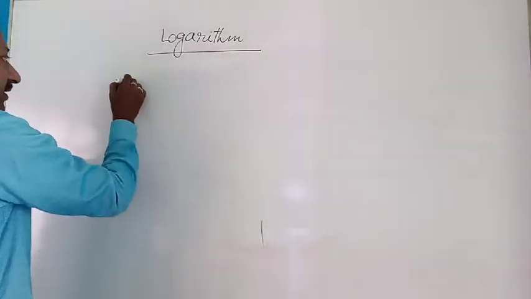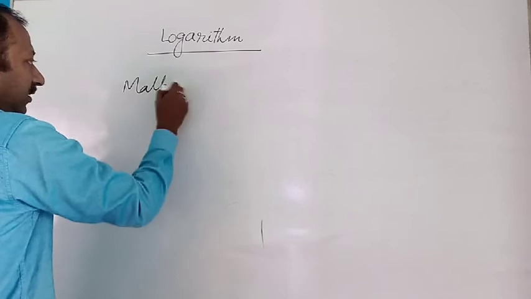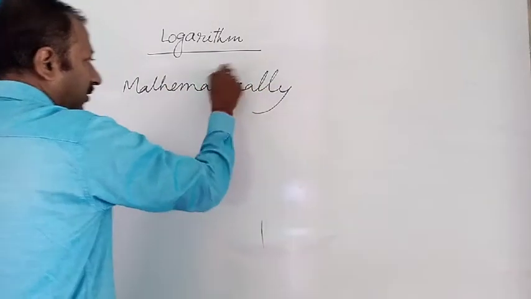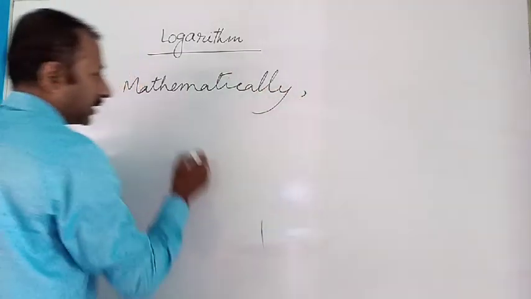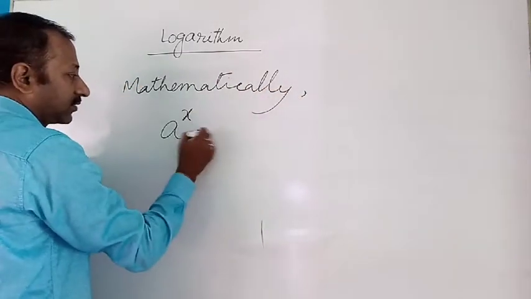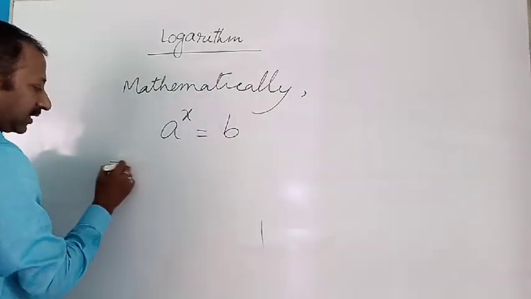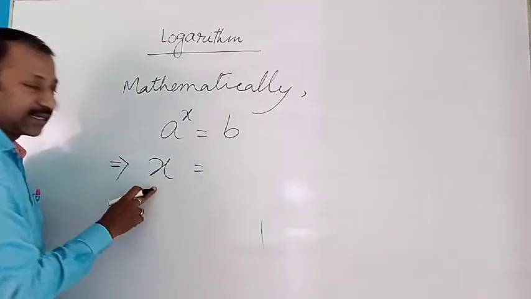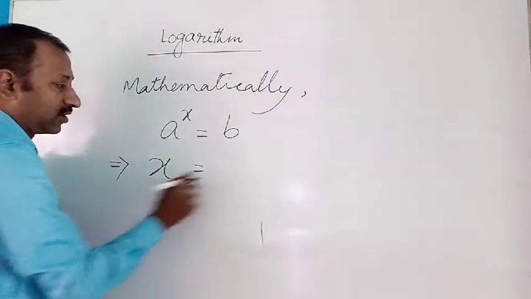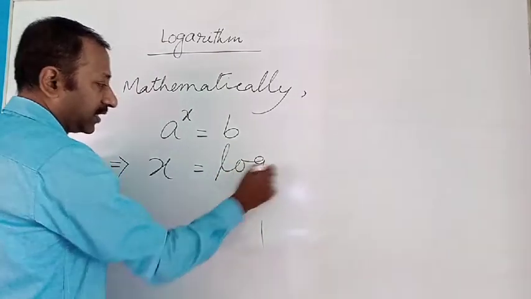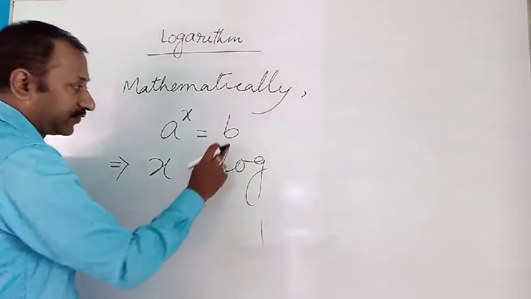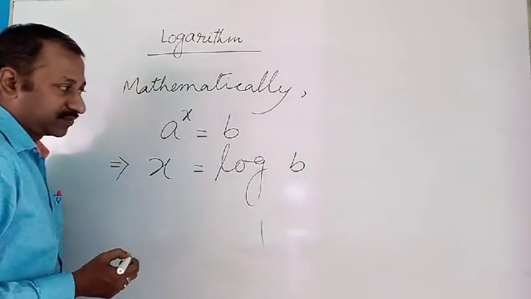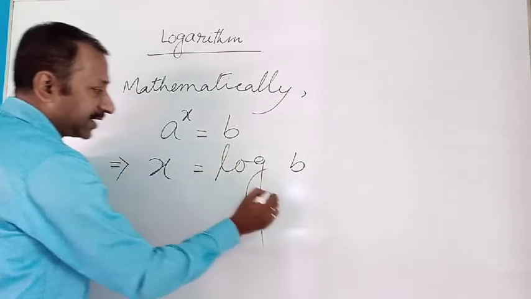So mathematically, a to the power x equal to b implies x equal to, this exponent x is called logarithm, means we write log of the number b, keep a space, b, then base is a.